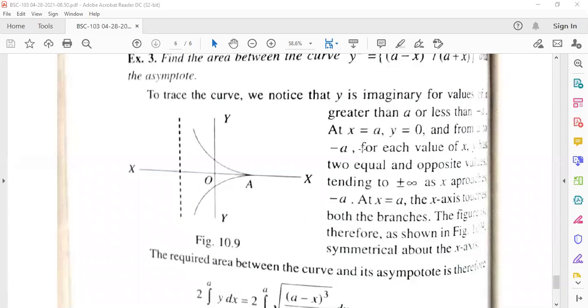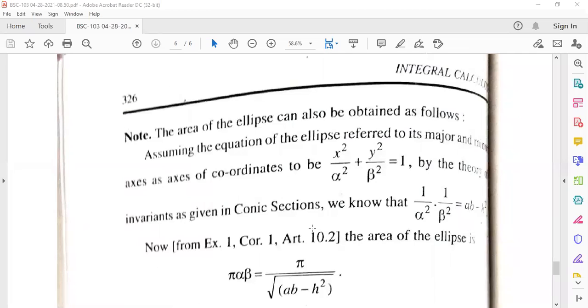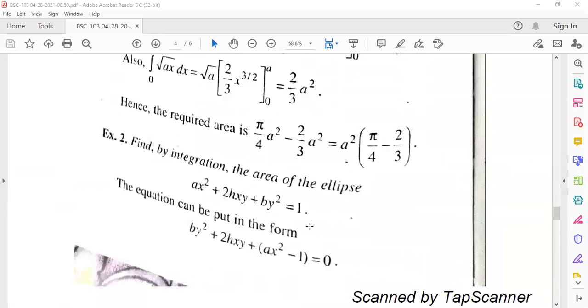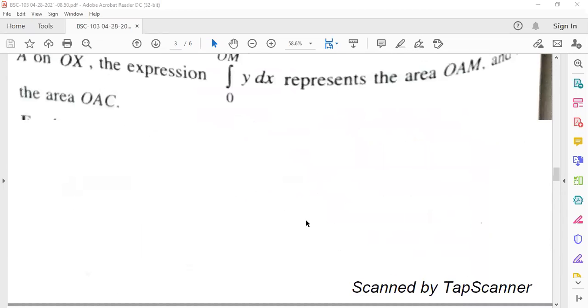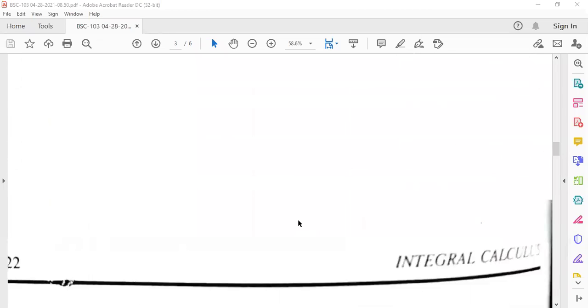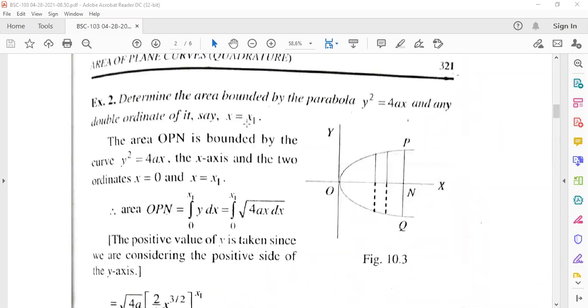Sir, I didn't understand the above problem. Which one? Above, sir. Example number two. Example number two, you couldn't understand? This one? Hello.